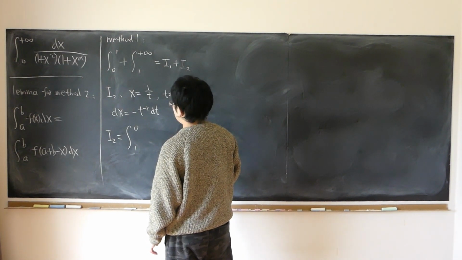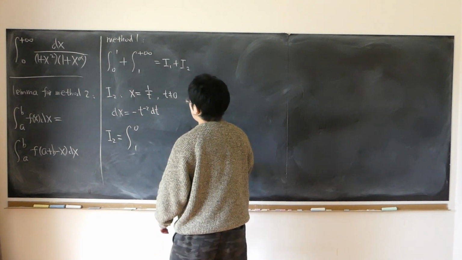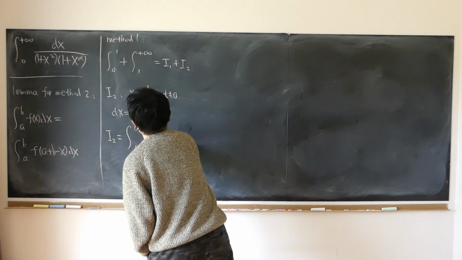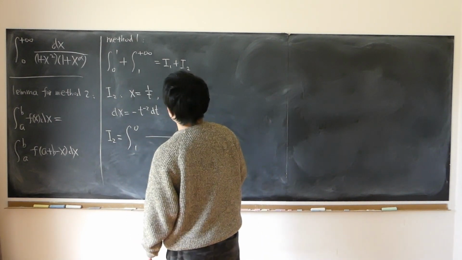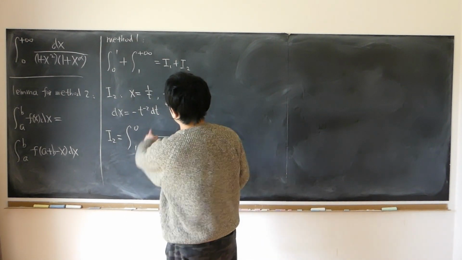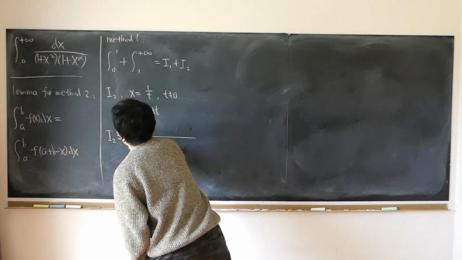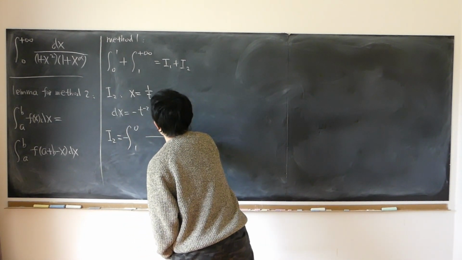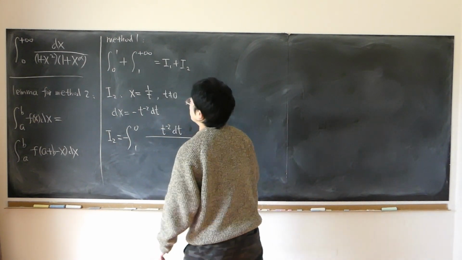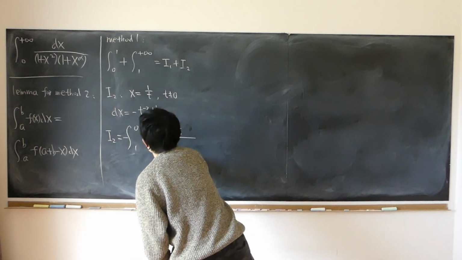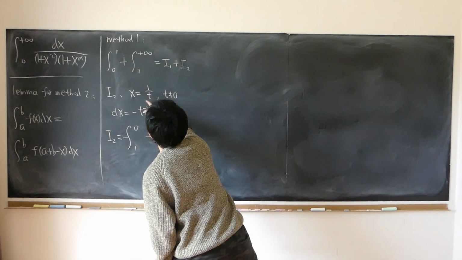So again, we change the boundaries. Then what's inside the integrand? First of all, dx becomes minus t to the power of minus 2 dt on the top. What's the bottom? 1 plus x squared becomes 1 plus 1 over t squared.